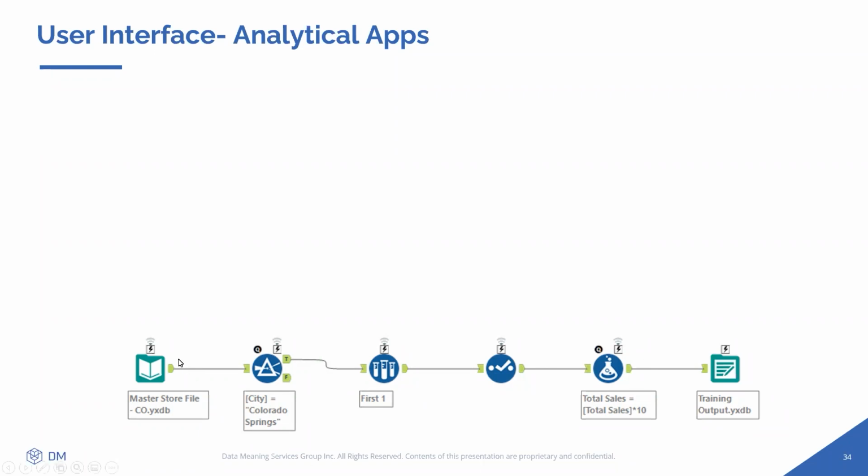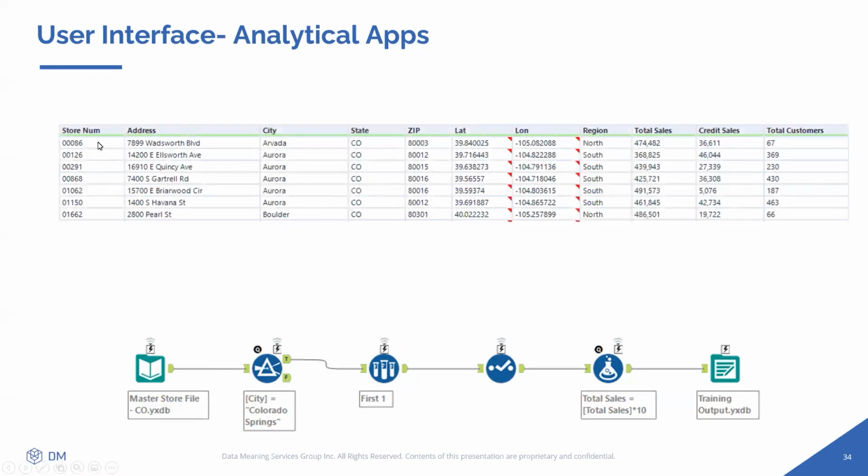So let's say that you have this workflow published on the gallery. A simple workflow here, as you can see, a basic data set, and it's basically filtering, sampling the first row, and some nonsense here, multiplying the total sales per 10, and that's basically it.